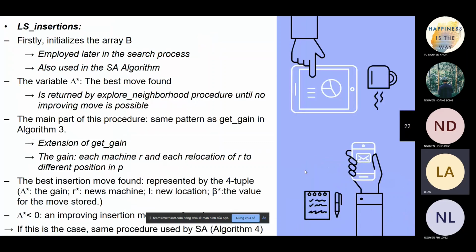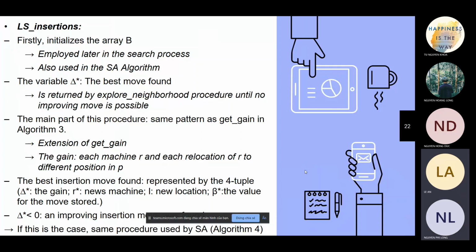For local search insertions, firstly they initialize the array P. The variable triangle star is the best move found, which is returned by the explore neighborhood procedure, until no improving move is possible. The main part of this procedure follows the same pattern as get gain in algorithm 3.